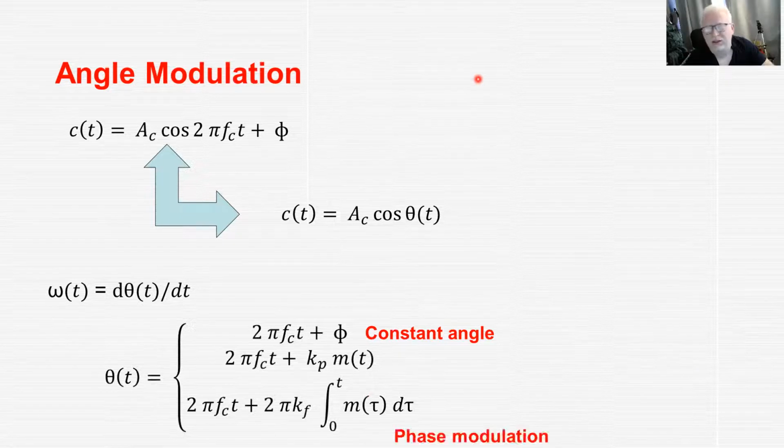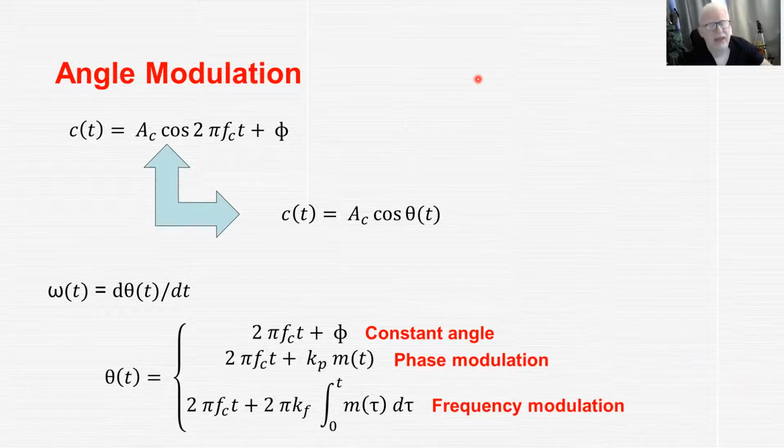Accordingly, we can define 3 types of angles. Either we have a constant angle, or we have an angle where the message is included in the phase, as you can see in the phase modulation, or we have the message integrated in the frequency. Herein, the message appears in the form of an integration function with respect to time.